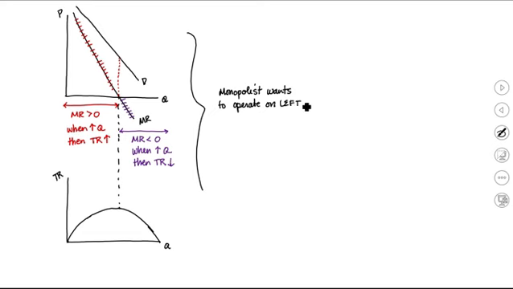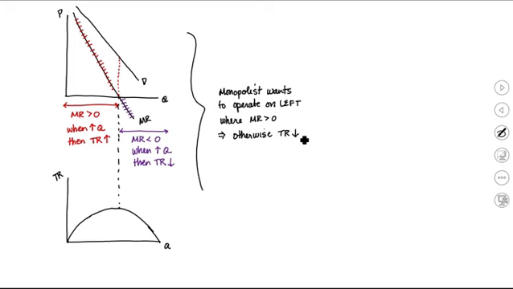It wants to operate on the left side of the graph where marginal revenue is positive. Otherwise, total revenue is falling. And that makes no sense. Why should I produce and sell a unit and make my own total revenue fall? That doesn't make any sense. That's not rational. So we know we're going to be operating on the left of this graph. Everybody with me? That makes sense? All right. And so we're going to see that as we draw more graphs.